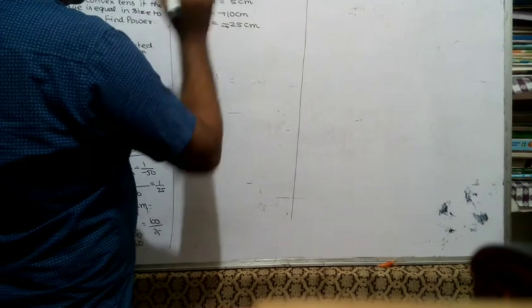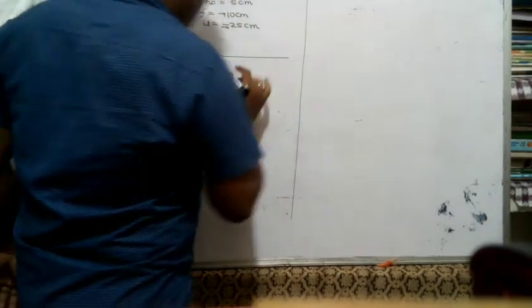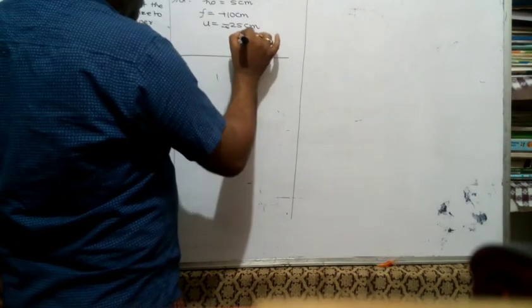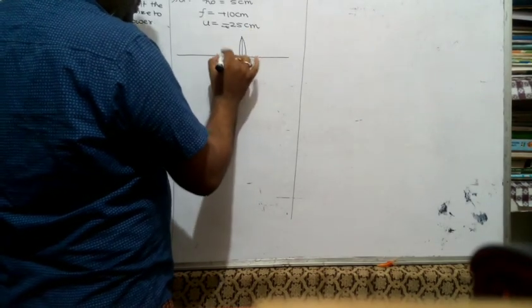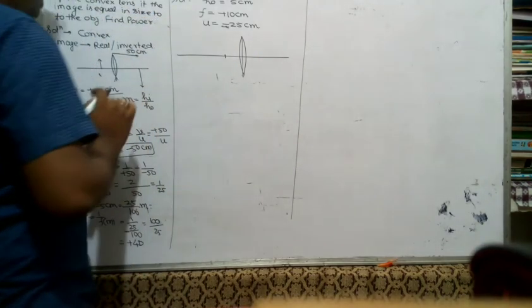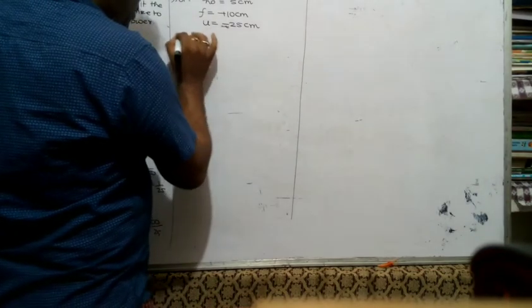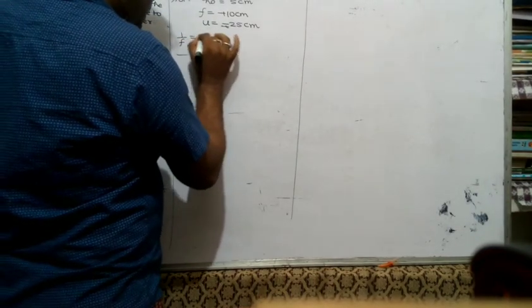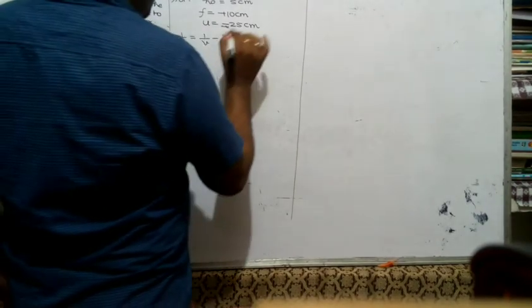Draw the diagram. We have to draw just a rough diagram, beta. This is convex lens. First calculate V, beta, then we draw. 1 upon f is equal to 1 upon v minus 1 upon u. This is the lens formula.